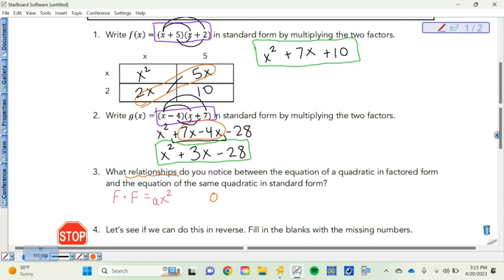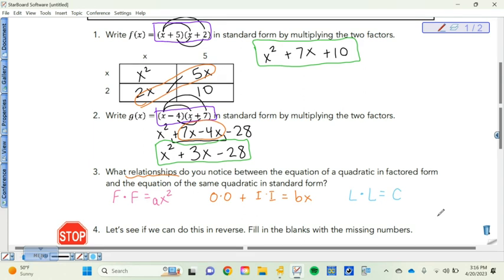Our outers plus our inners will give us that middle term, which we'll call bx. And then finally, we've got our last term times our last term, which gives us the constant term, the plain number, the one that doesn't have the variable on it, right? Does that make sense?